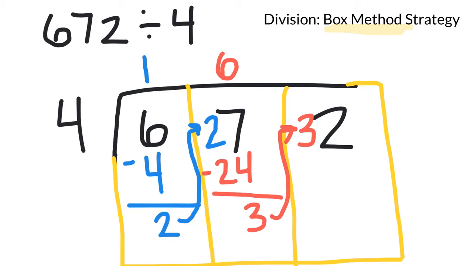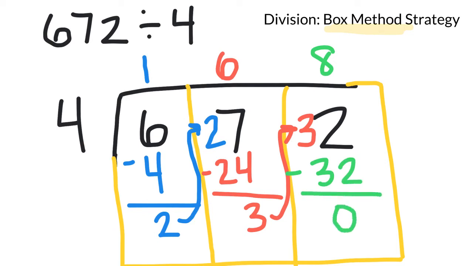Last step, how many times does 4 fit into 32? So I know that 7 4s is 28. What about 8 4s? 8 4s is exactly 32. 8 4s can fit into 32, and 8 4s is equal to 32.